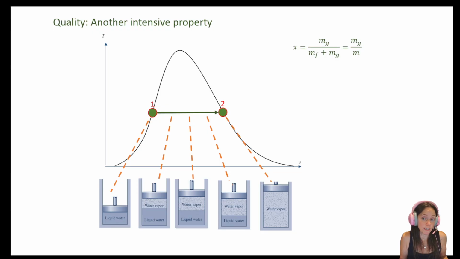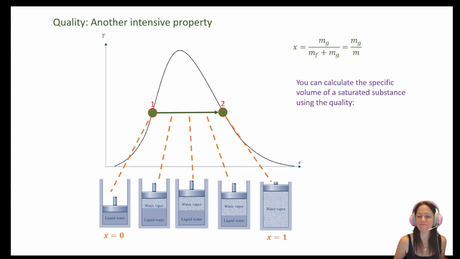Because there's only two phases, right? Saturated liquid, saturated vapor, add them together, it has to be the mass of the whole thing. So it's M sub G over M. That's our quality.